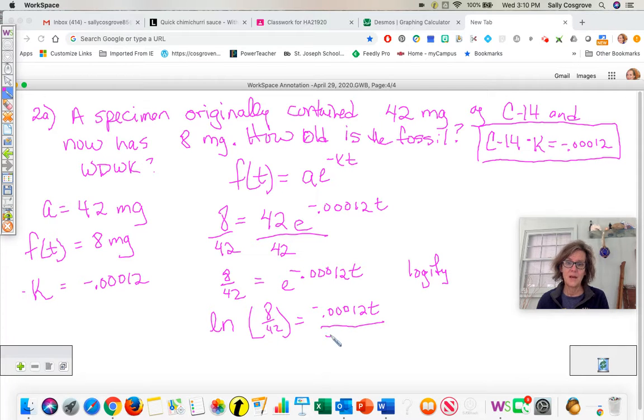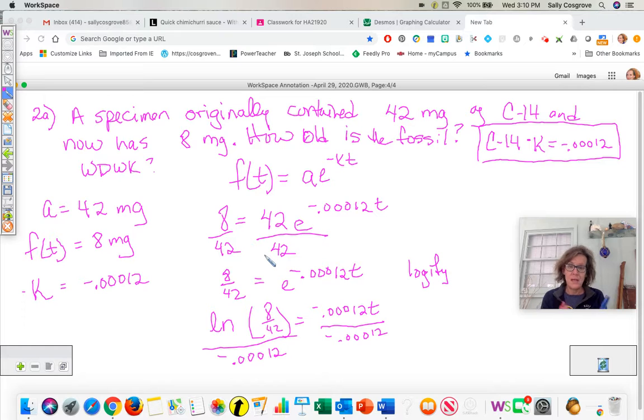And to solve this for t, we undo the multiplication. So we're going to divide both sides by negative 0.00012. And really, I know part of you is like, this bothers you that I'm not simplifying 8 over 42. Really, no intermediate rounding, because 8 over 42 is not a friendly number. So just leave it, okay? And we don't round until the very end.